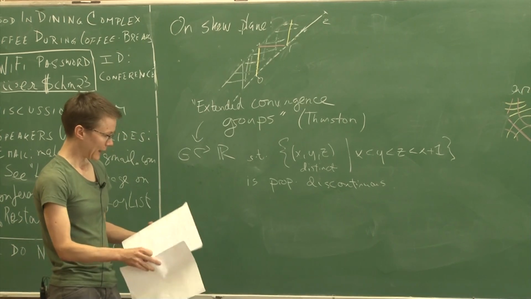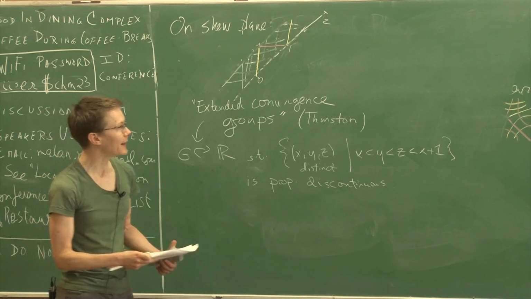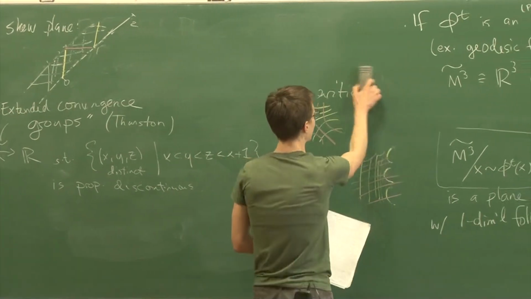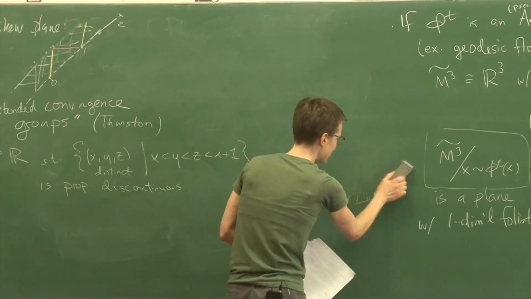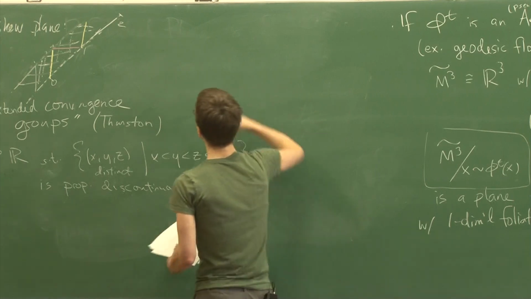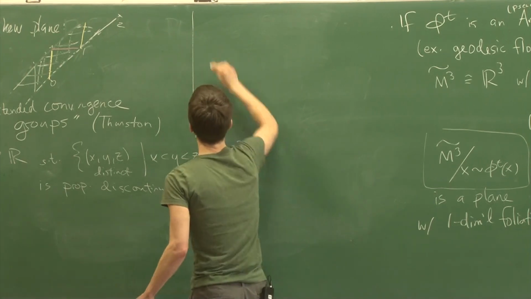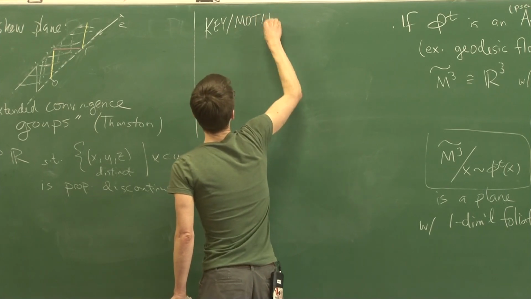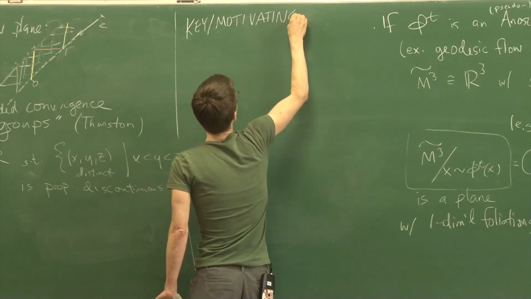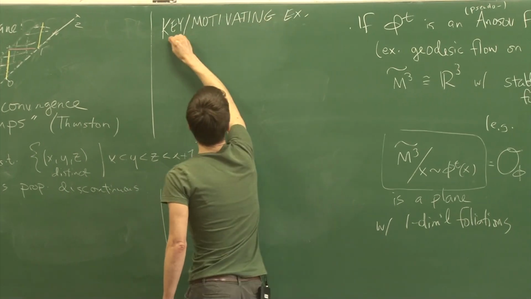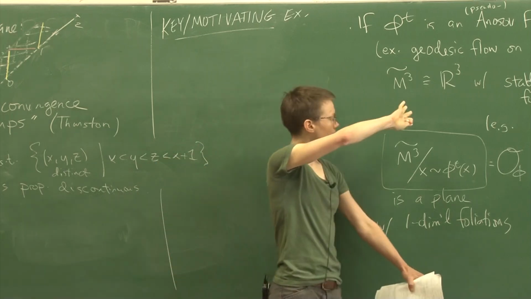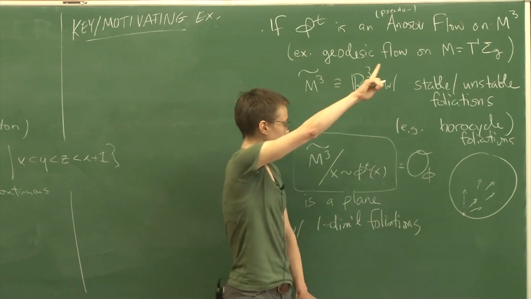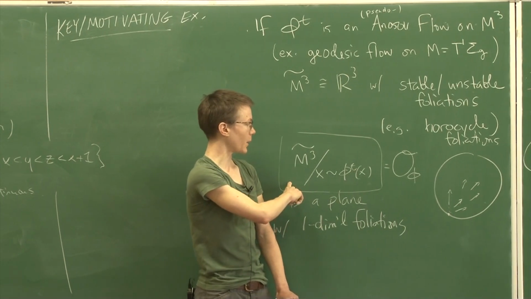And of course, the meta example, the key motivating example, is this picture right here. If you have an Anosov flow on a 3-manifold, I can look at its orbit space.